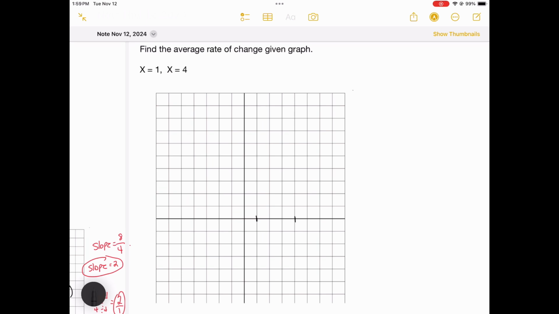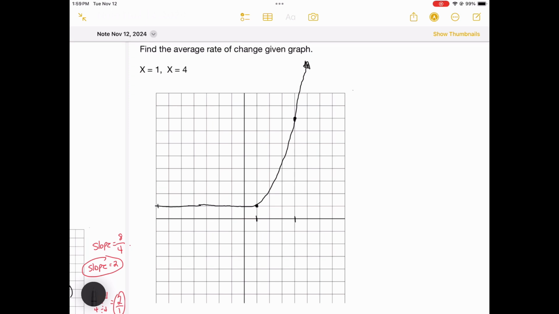And let's just say this point's right here. I just put those 2 points to help me draw this graph. But you'll see something like a curved line of some sort, like this. And they're going to want the average rate of change between those 2 points.